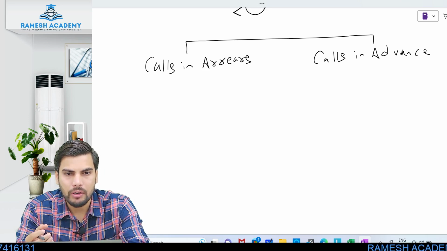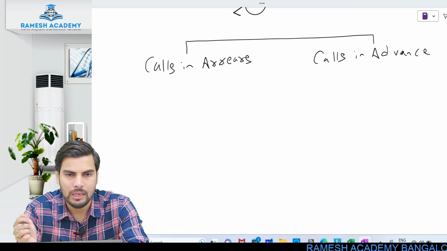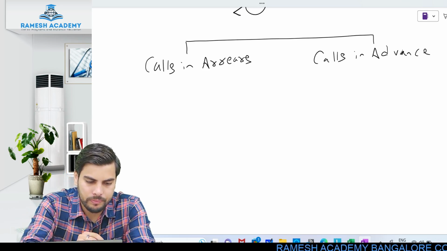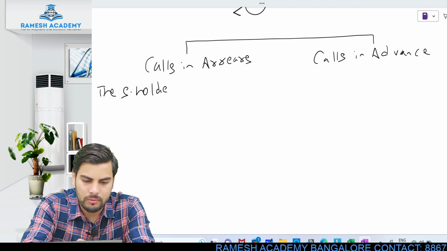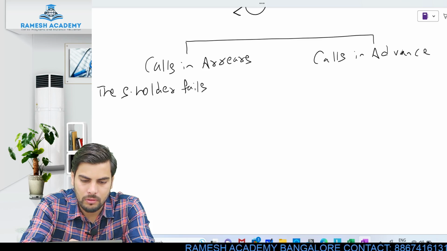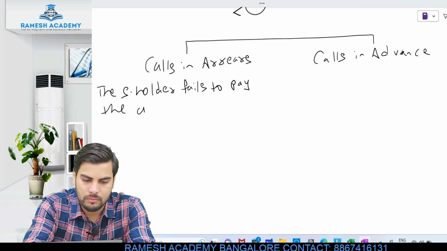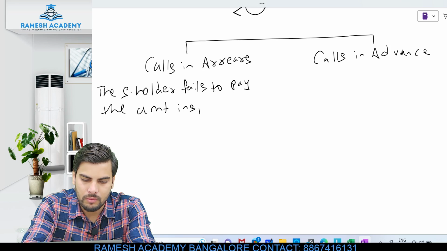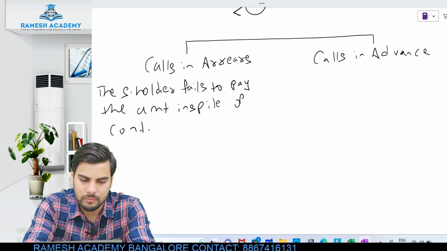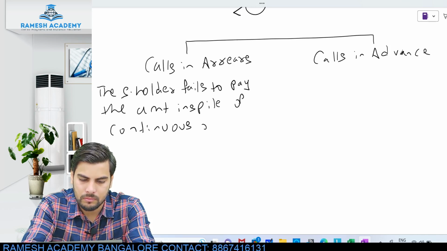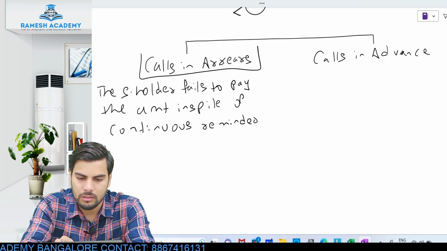In spite of continuous reminder also, if the shareholder fails to make the payment, that is what is called calls in arrears. The shareholder fails to pay the amount in spite of continuous reminder. So this is calls in arrears.